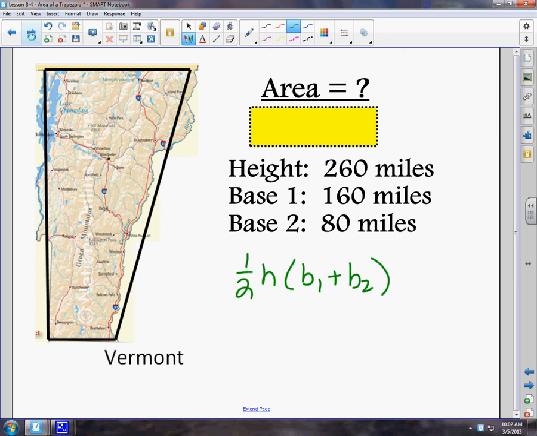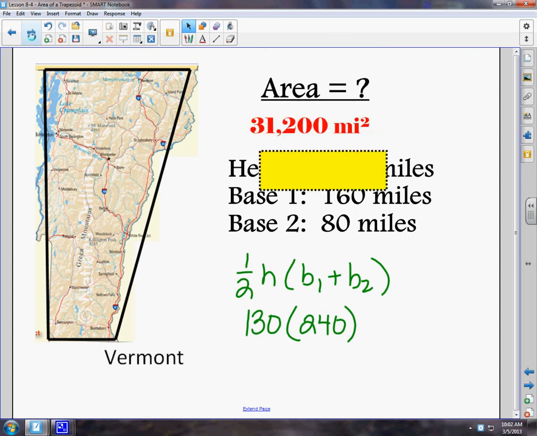So 1/2 the height is 1/2 of 260. So that's 130 times base 1 plus base 2 is 240. I multiply those together and I get 31,200 miles squared. That one you can use a calculator because it's a little bit more difficult.